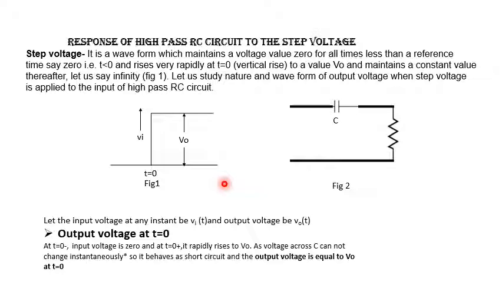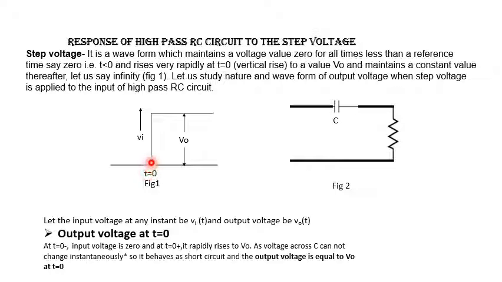Before discussing the details of this procedure, let us first discuss what is a step voltage. It is shown in figure number 1. Step voltage means a voltage which is 0 for time less than the reference time. Suppose we represent the reference time as t equal to 0, then the voltage is perfectly 0 for time less than 0, and it suddenly rises.